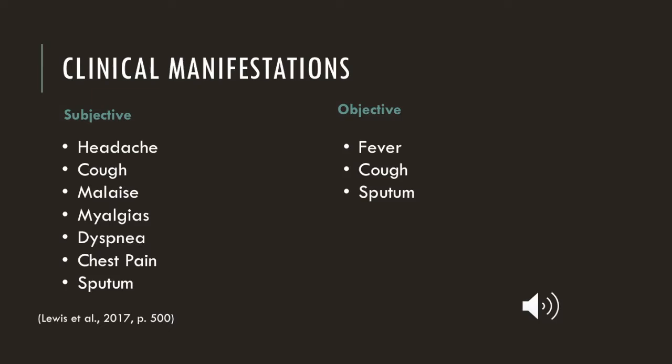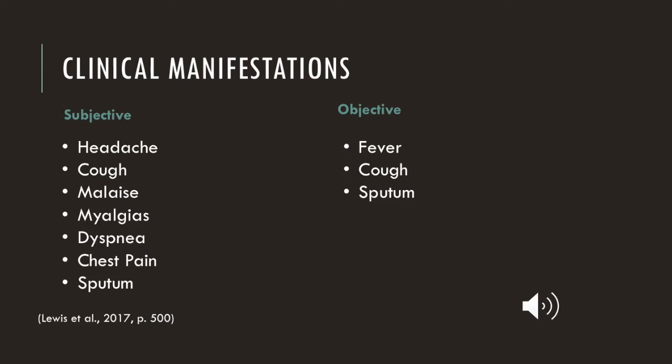They can be defined as deep, constant, dull aches, malaise, general weakness or the feeling of being tired, chest pain, hoarseness, or sputum. Objective data is information that is gathered by a measurement or observation. This can be defined as fever, cough, or sputum.